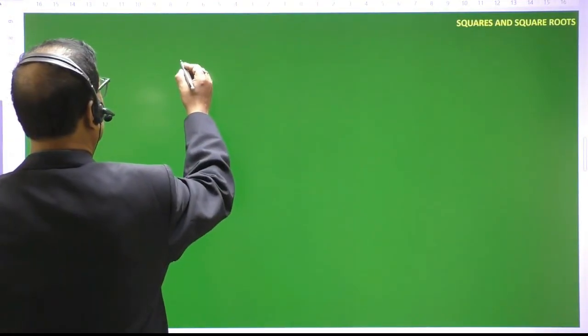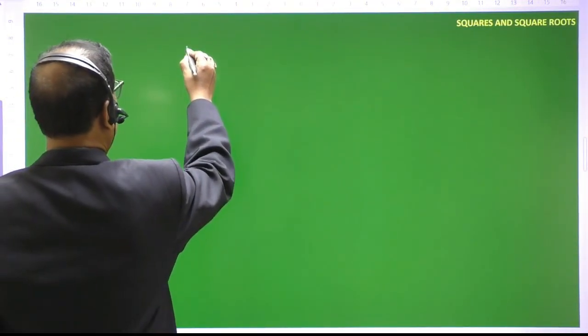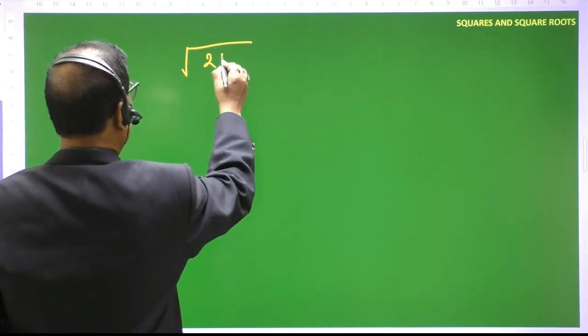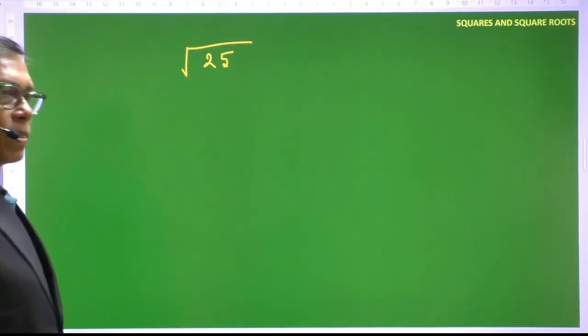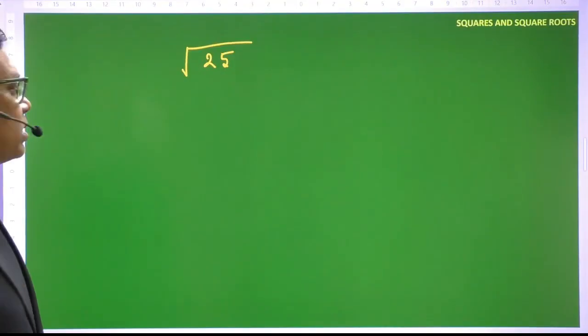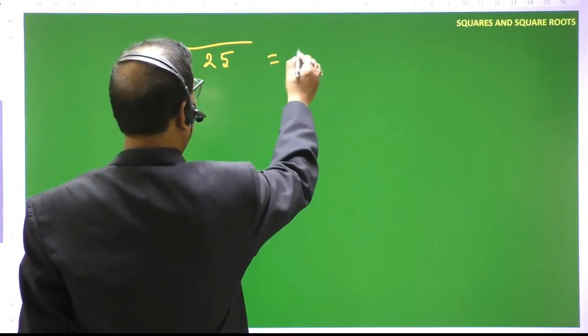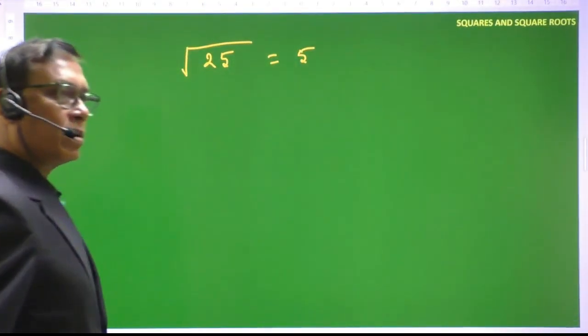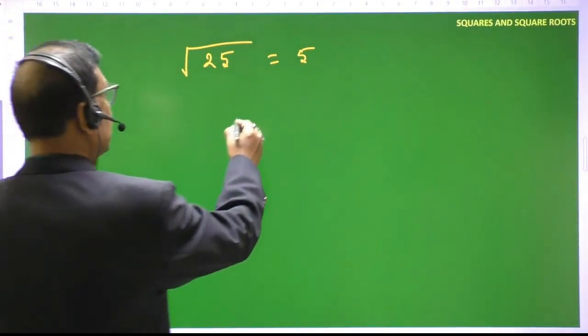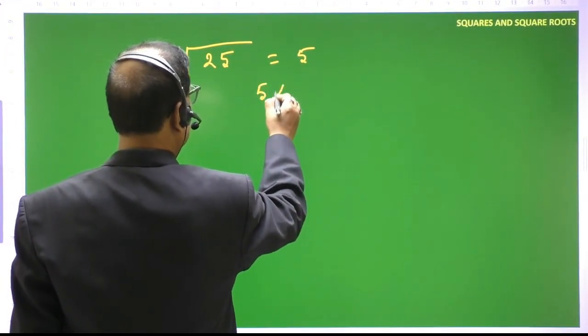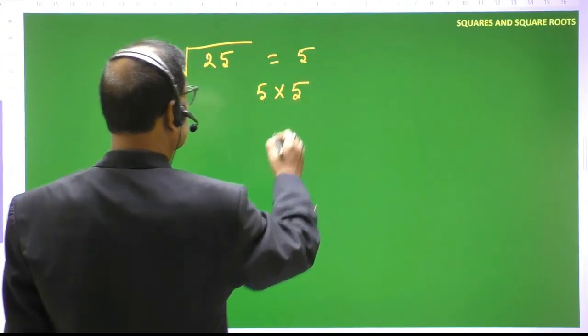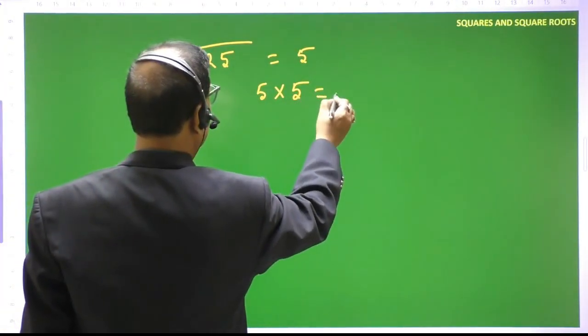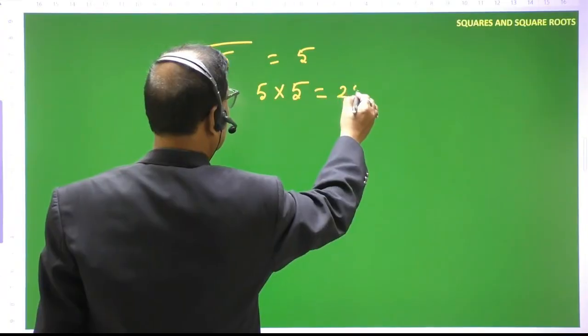So according to the definition of square root, say the square root of 25. I write 5. Why 5? Because if we multiply 5 two times, then we get back the original number.